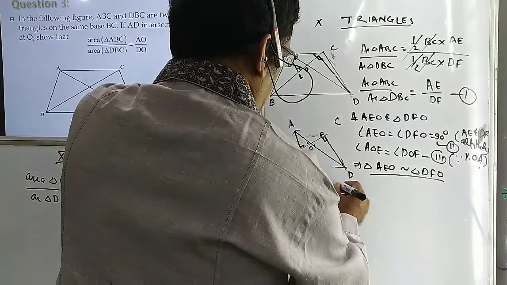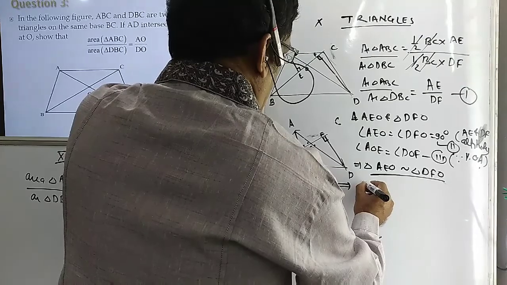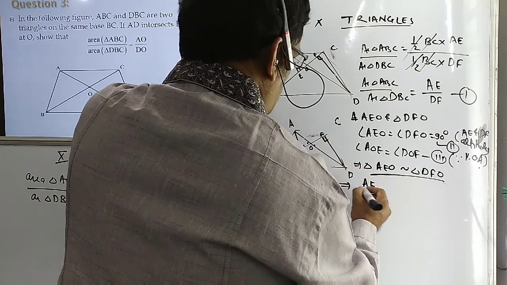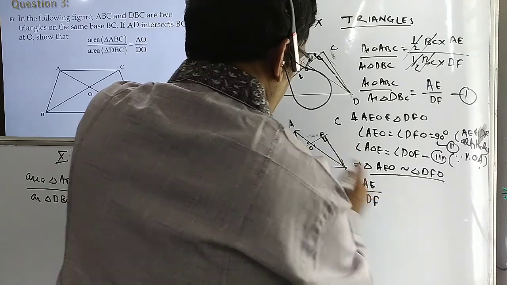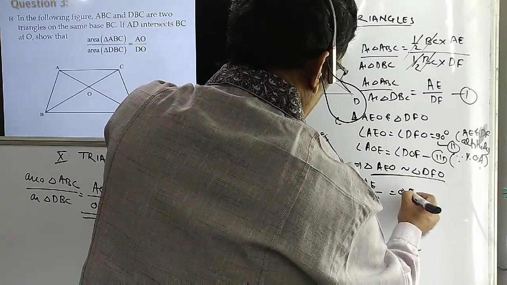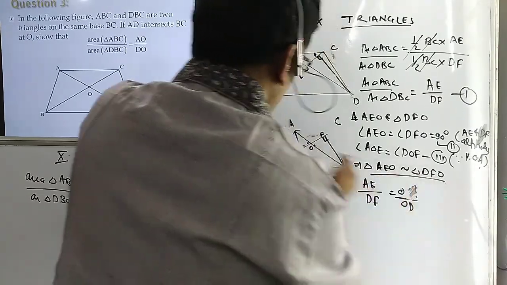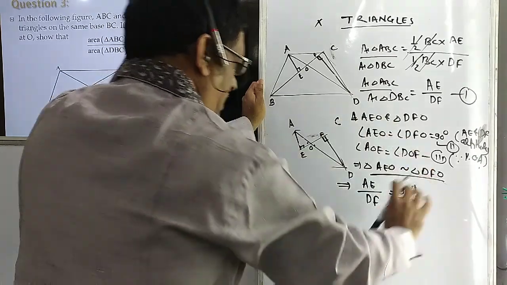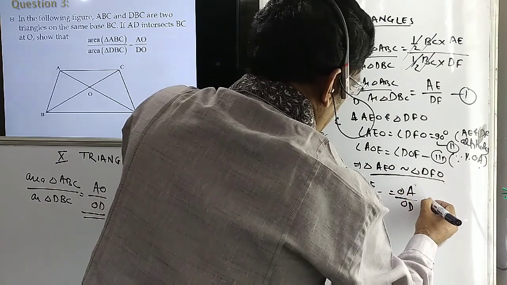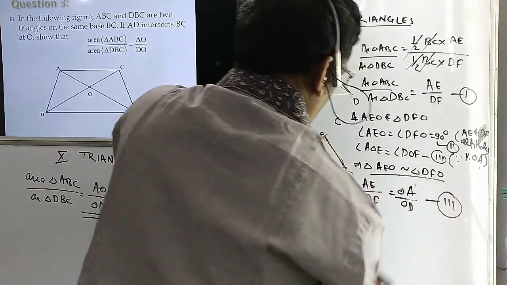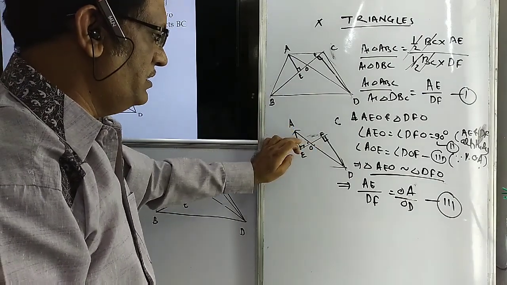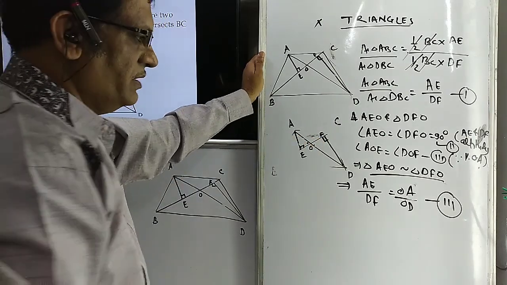It implies AE by DF is equal to OA by OD. That is OA by OD. Let us say this is equation number 3. Reason: if two triangles are similar, then the ratio of their corresponding sides are equal.